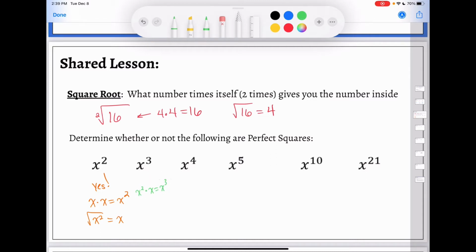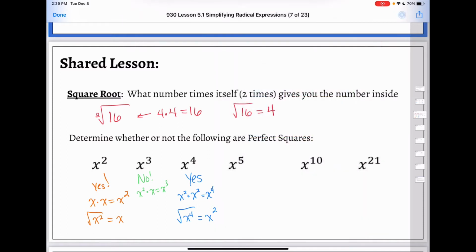So this one would be no. All right, how about x to the fourth? x squared times x squared, right? That's something times itself, which would give us x to the fourth. So that one is a yes. So the square root of x to the fourth equals x squared. x squared times itself gives us x to the fourth. How about x to the fifth?